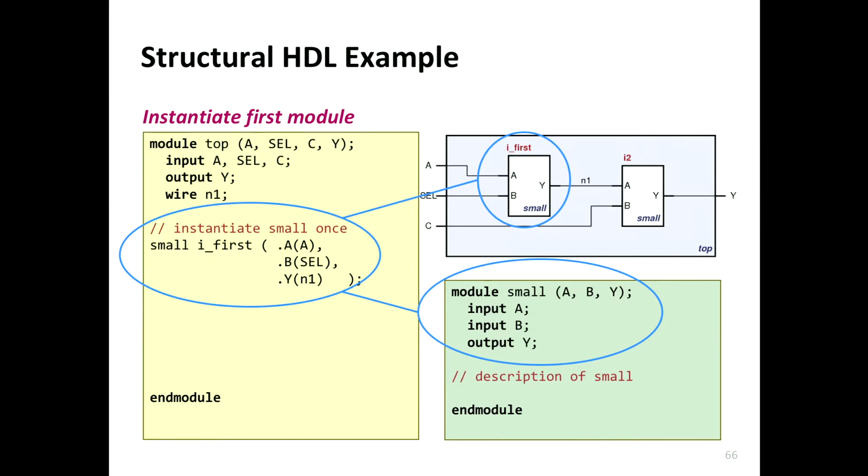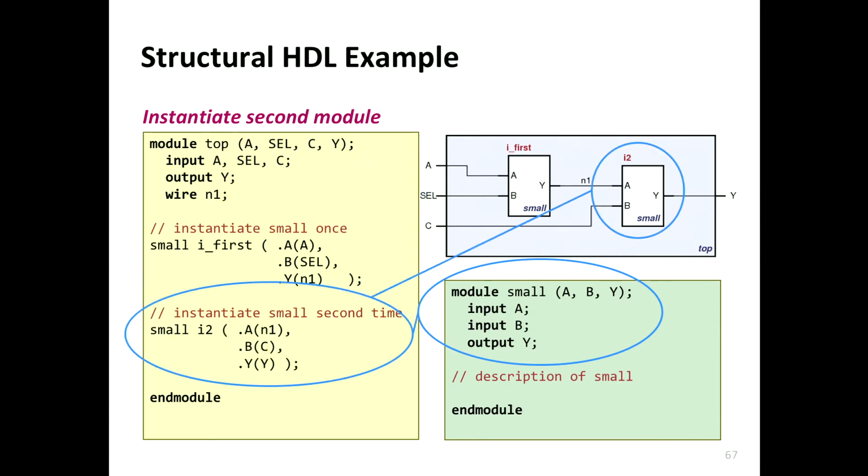Okay? Now what you're going to do here is connect the B port of the small module with the select of the top module. So whatever goes inside the braces is part of the top module. Any doubts? Sounds complicated? Very easy, right? And the same goes for N1 and Y as well.